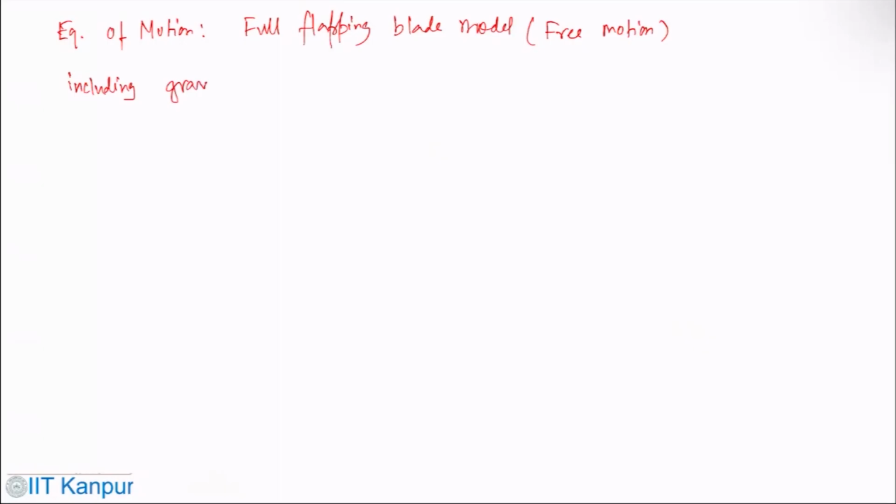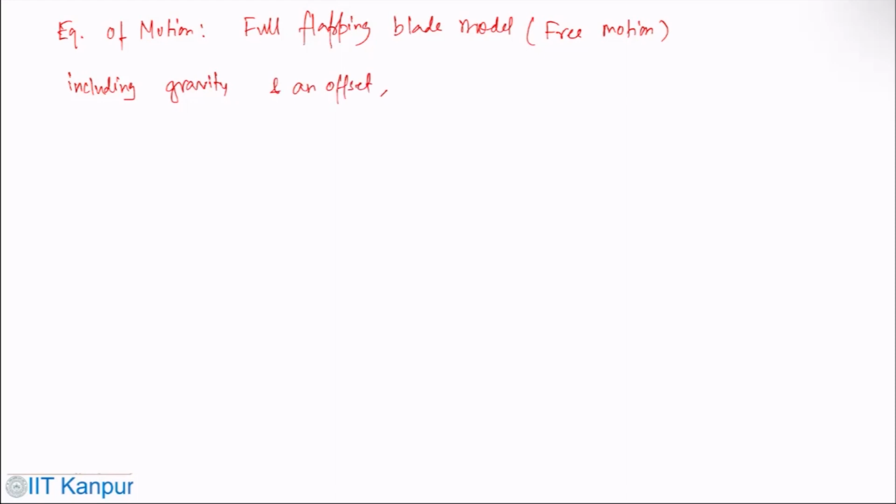So we write the equation of motion for the full flapping blade model, which is free motion, including gravity and an offset.